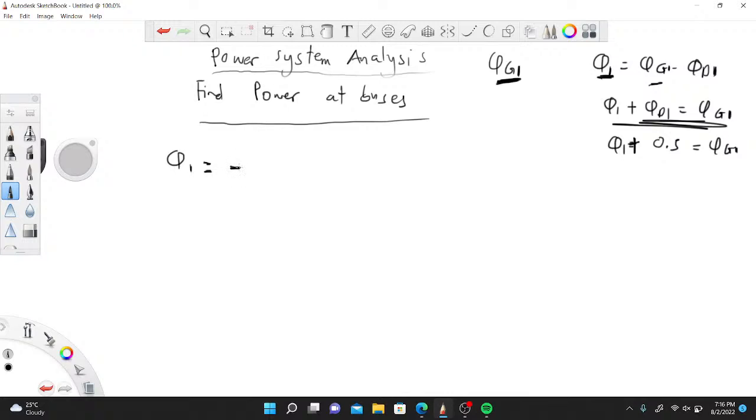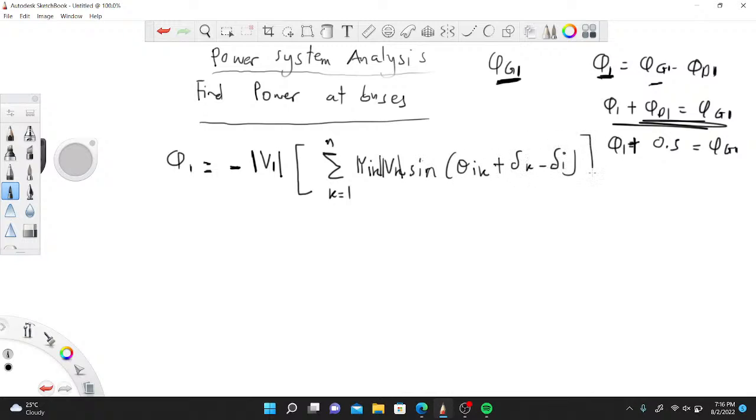So Q1 is given by negative magnitude of V1, open bracket, summation K equals 1 to N of Y_IK V_K magnitude, and for Q we use sine of theta_IK plus delta K minus delta I.